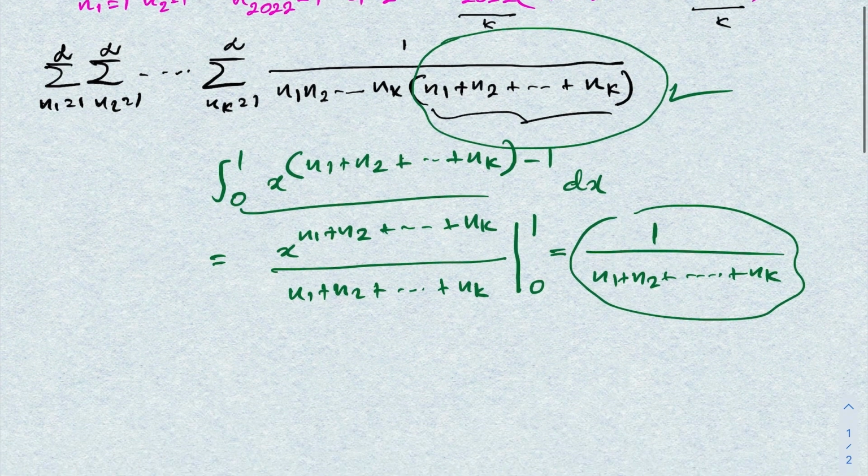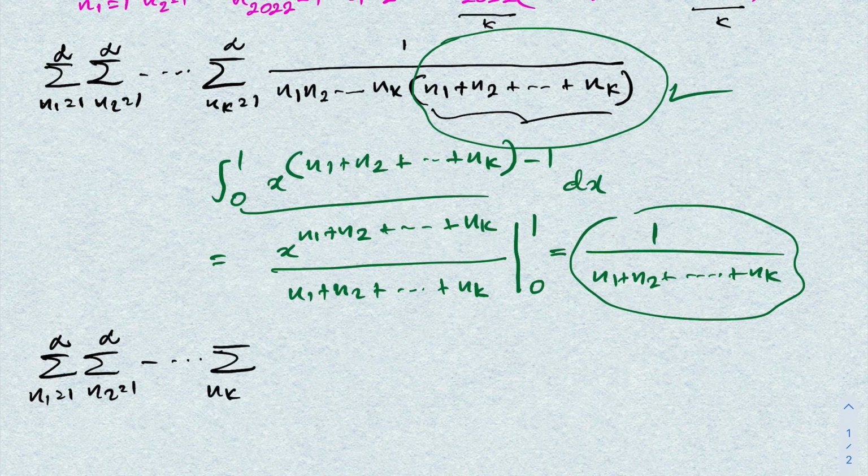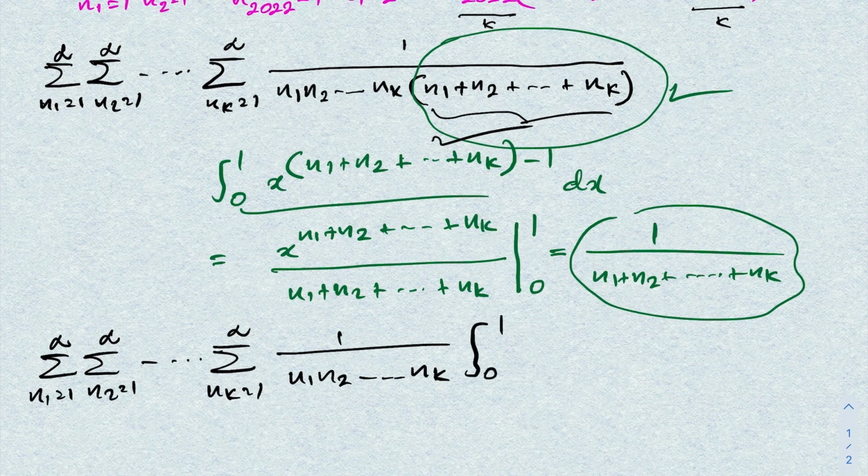So here sum n1 equals 1 to infinity, sum n2 equals 1 to infinity, up to nk equals 1 to infinity, then 1 over n1 n2 up to nk, and instead of this part we have an integral from 0 to 1 of x to the n1 plus n2 plus nk minus 1 dx.